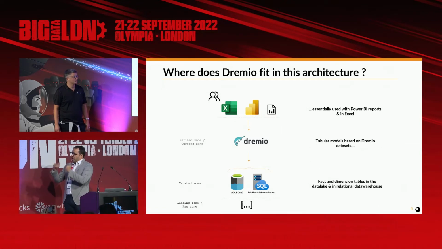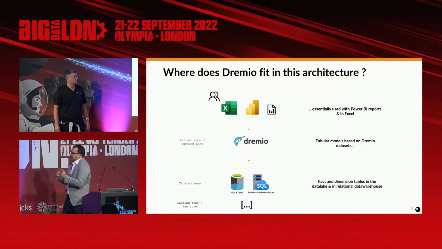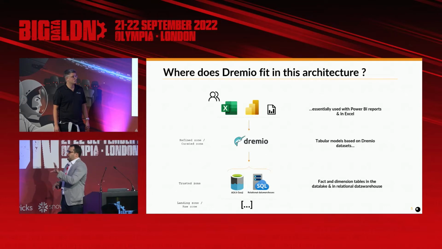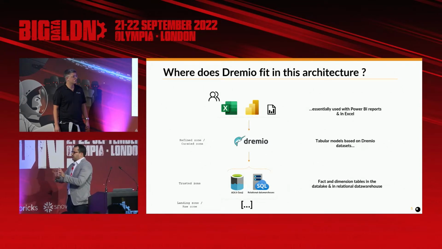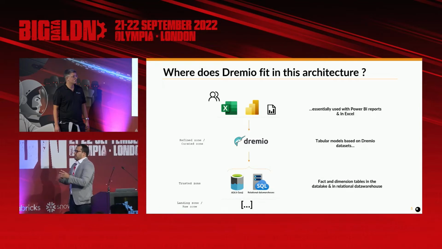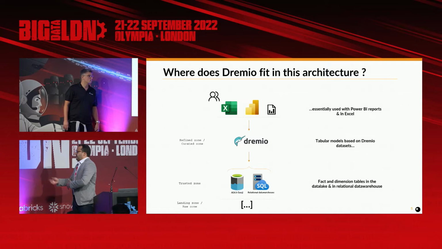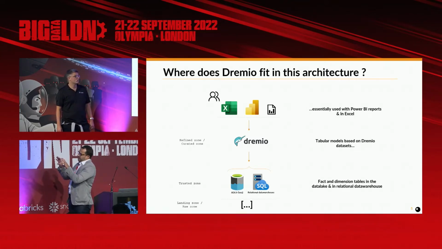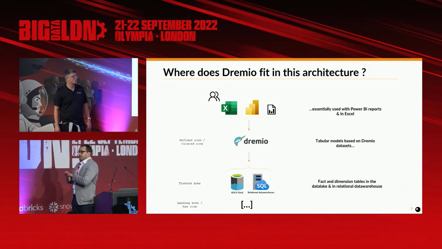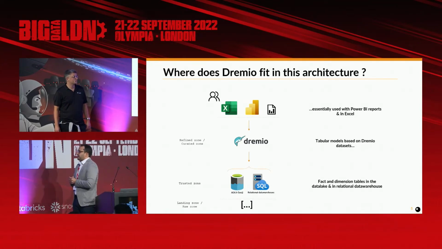So our sources of data don't move. There's still the ADLS Gen2 data lake with our parquet files. There's still the legacy relational data warehouse, especially with our dimensions, the referential dimension, the product dimension, the company dimension, the calendar, what have you. And our users keep using Power BI and Excel as their reporting tool, basically. So that's where Dremio fits in this architecture.